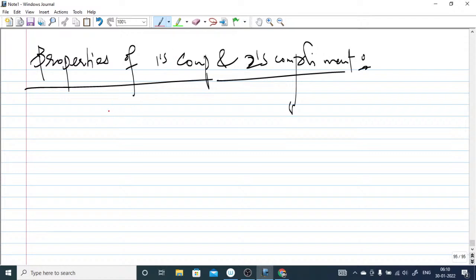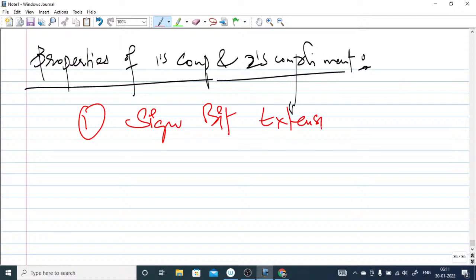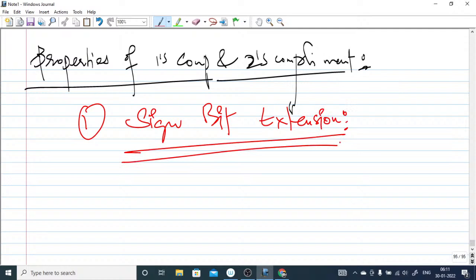The very first is the sign bit extension. This is a very important concept. You can extend the sign bit.